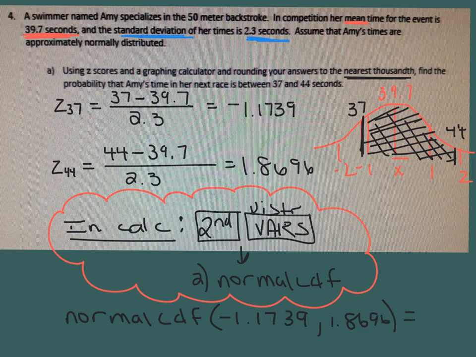The problem did want us to round to the nearest thousandth, and we wound up getting 0.849. So there's a really good chance that she will score between 37 and 44 seconds in her next race.